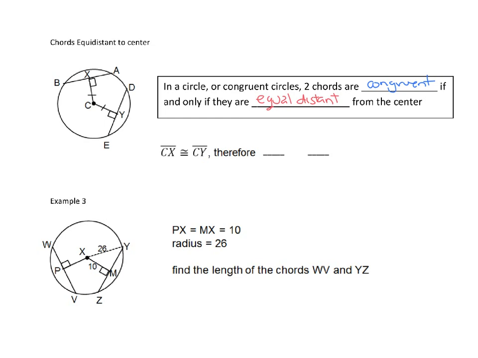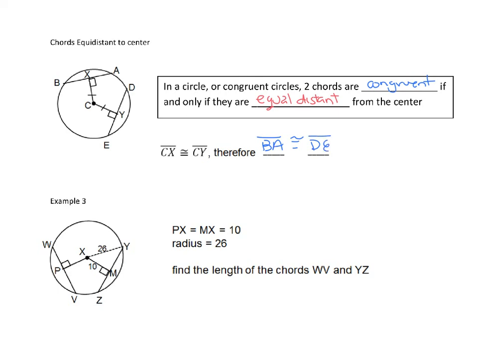So since segment CX is congruent to segment CY, therefore chord BA is congruent to chord DE.